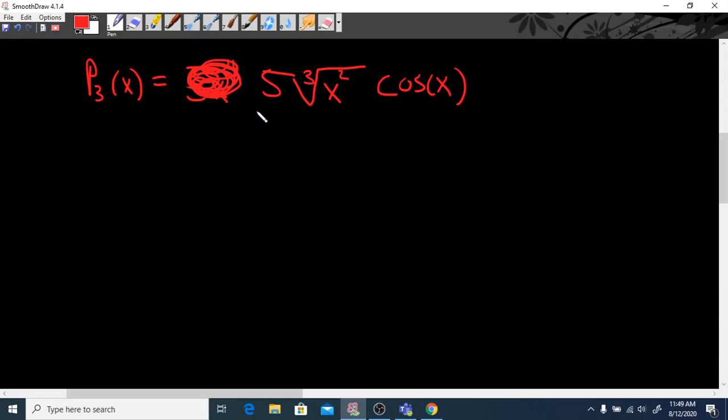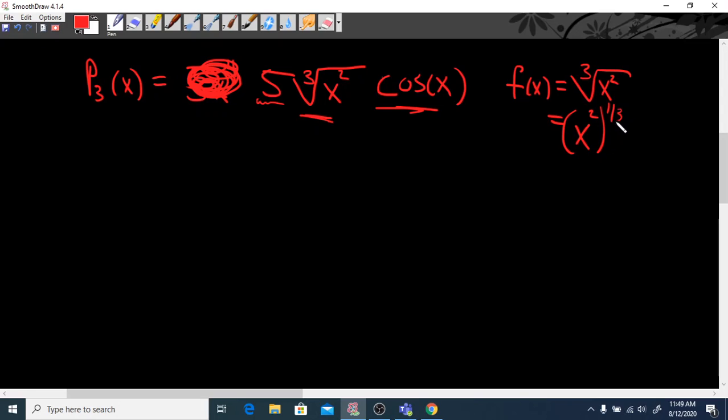Okay, so first thing is we have a constant multiple, and we've already gone over that in detail. So this 5 is just going to multiply everything out front. So then for the product, we have the radical part, and then we have the cosine part, okay? So basically, my f is going to be the cubed root of x squared, and another way to write that is x squared to the power 1/3.